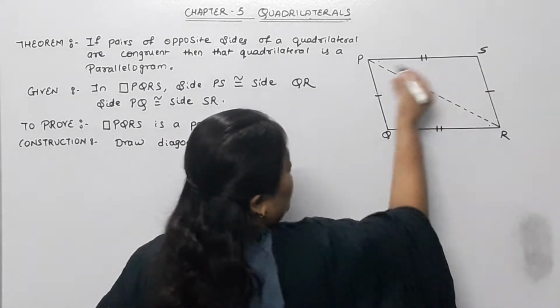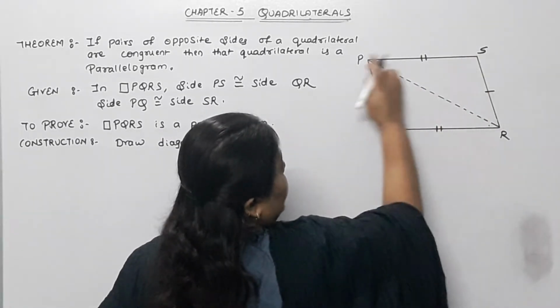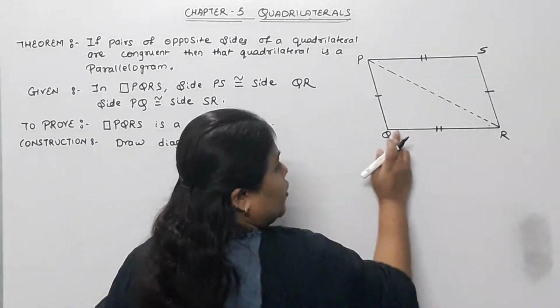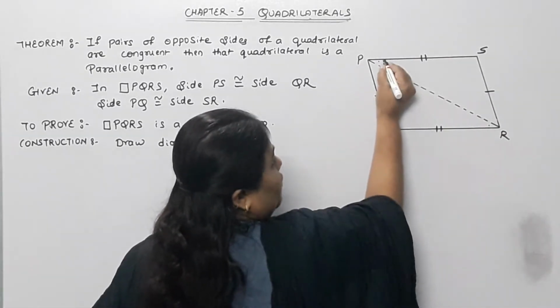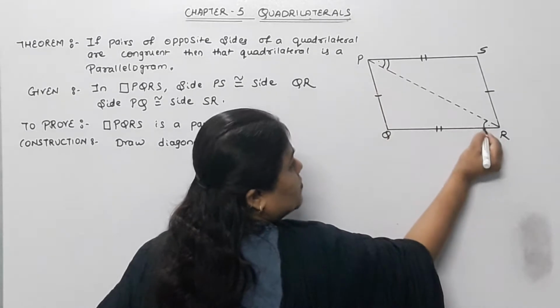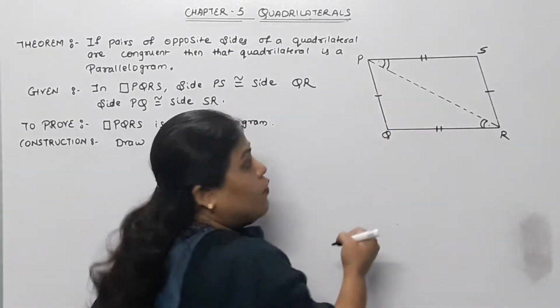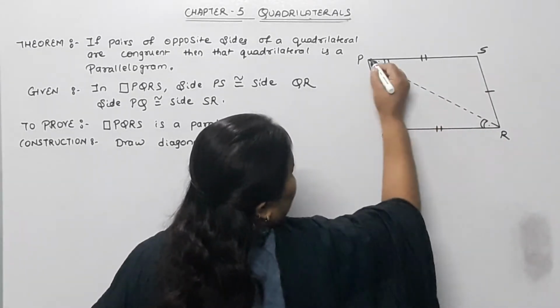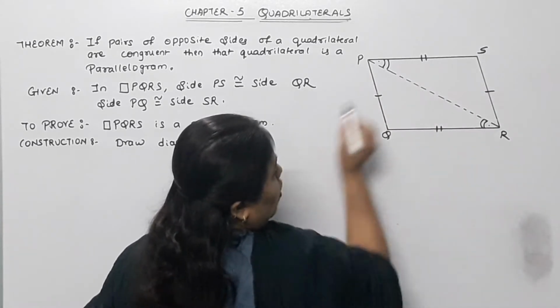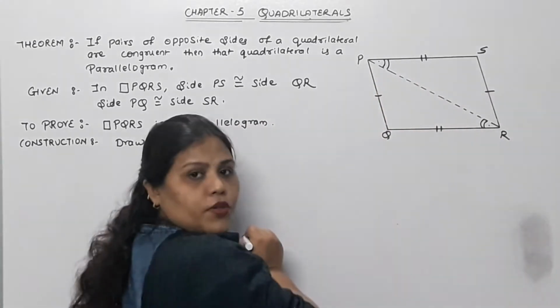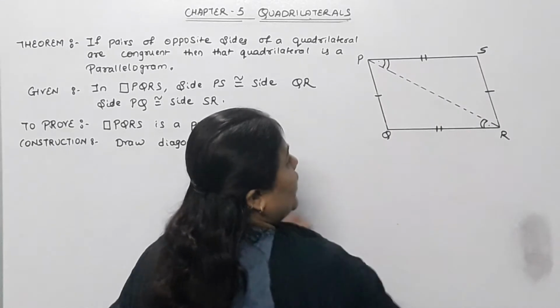Now see which two angles will be congruent then. SPR will be congruent to QRP. So that will be alternate angles, right? Formed by PS and QR on transversal PR, right? They are forming alternate angles.